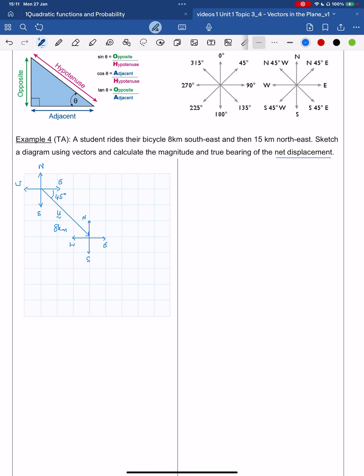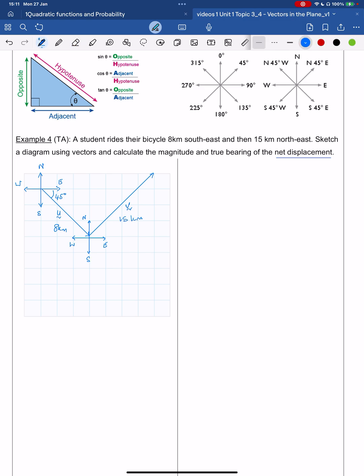And this time he's driving 15 kilometers northeast. So exactly 45 degrees again, a bit longer than the 8 kilometers. So there we go. And this one we can maybe call V and make that 15 kilometers.